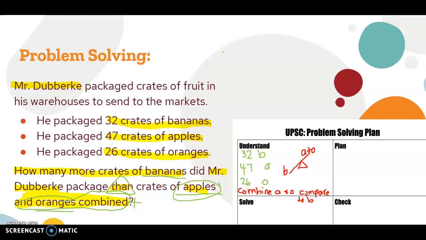Okay, so my plan, what is my plan? Well, the first thing I need to do is figure out what. And if you're thinking I need to figure out how many apples and oranges are in the crate, then that's what I need to do.